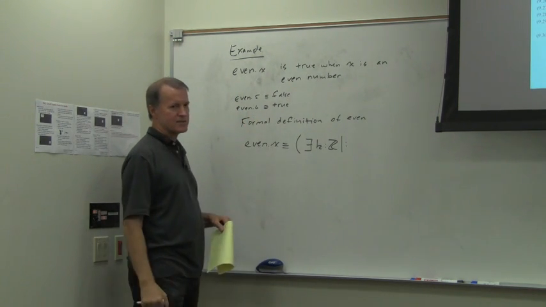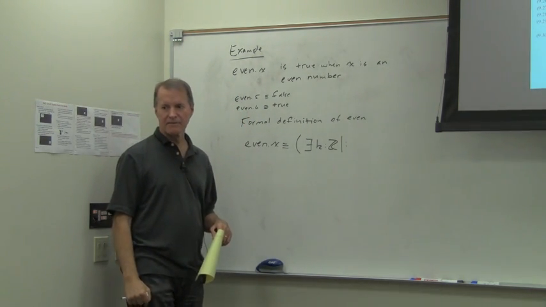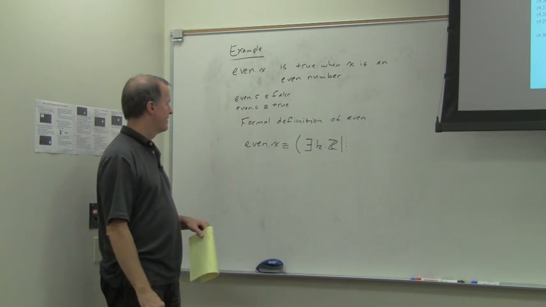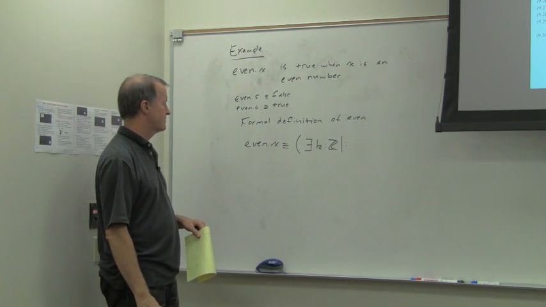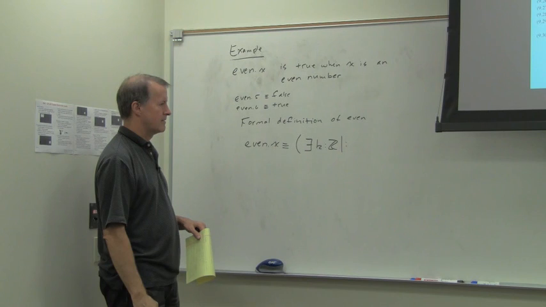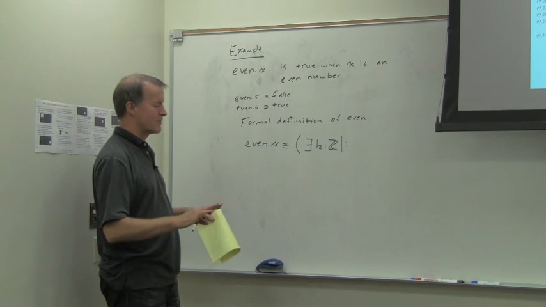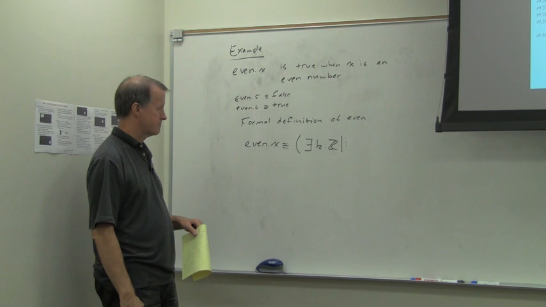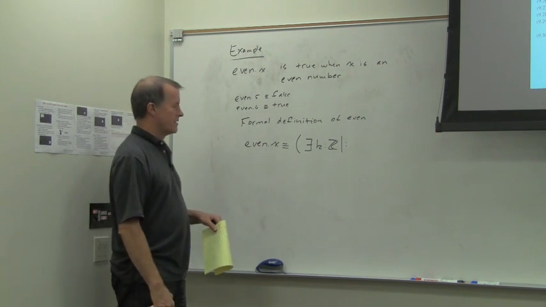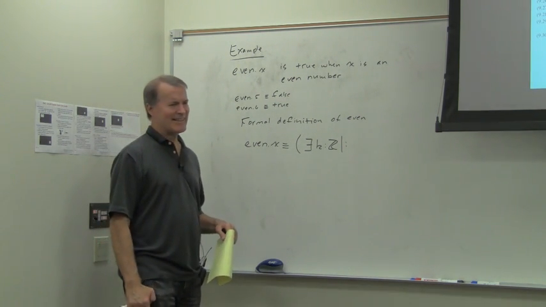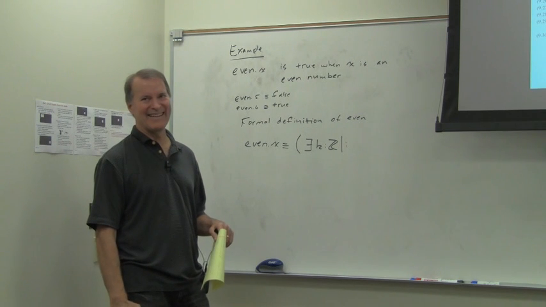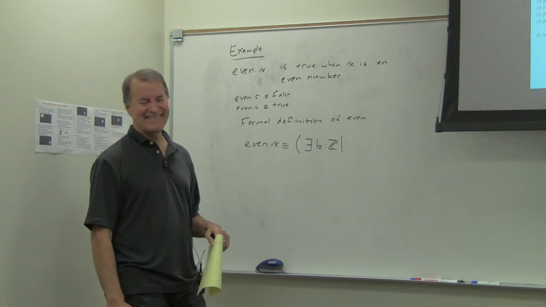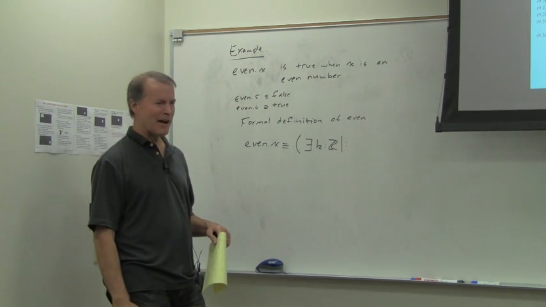So why does even dot 6 equal true? Because what exists? Because 2 exists. Well, we don't have a concept of divided by. An even number has to be a multiple of 2.